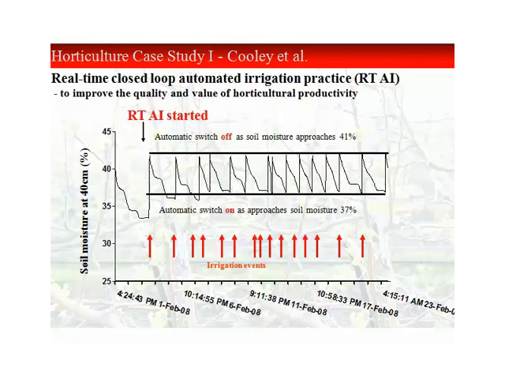The figure on the slide demonstrates the success of real-time closed-loop automated irrigation practice that we were able to conduct and perfect. We have soil moisture at 40 centimetres, which was recorded. The thin black line shows what the recordings of the soil moisture was throughout periods of the growing season.